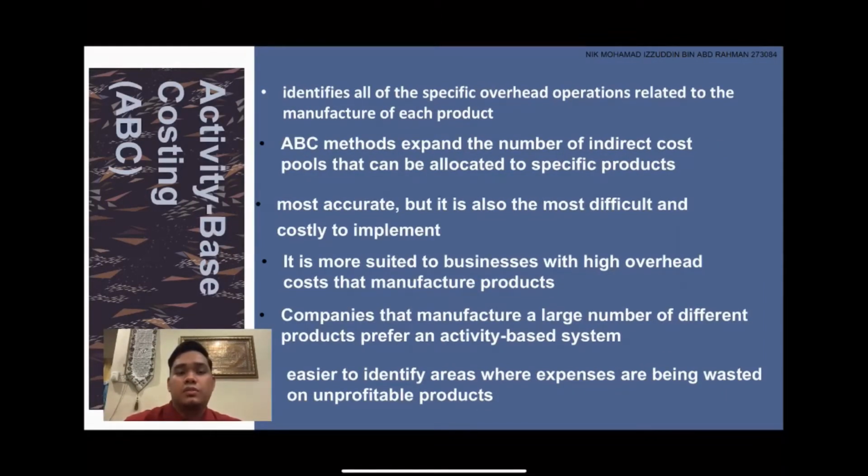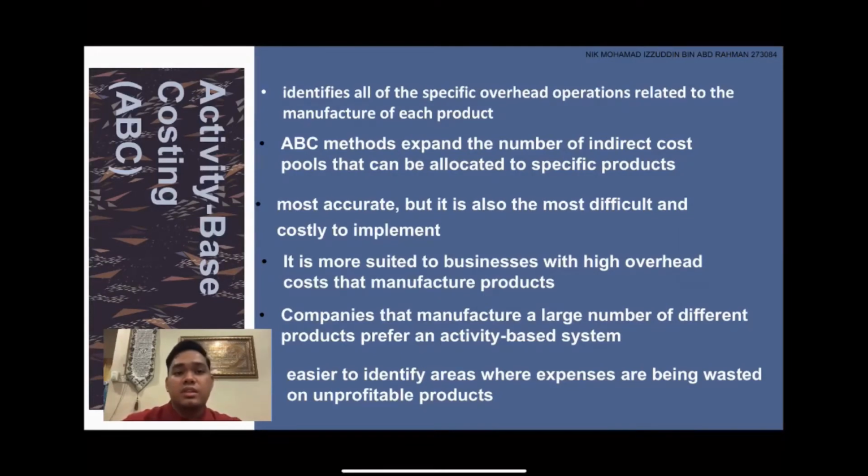So, activity-based costing identifies all of the specific overhead operations related to the manufacture of each product. Not all products require the support of all overhead costs, so it is not reasonable to apply the same overhead cost to all products.